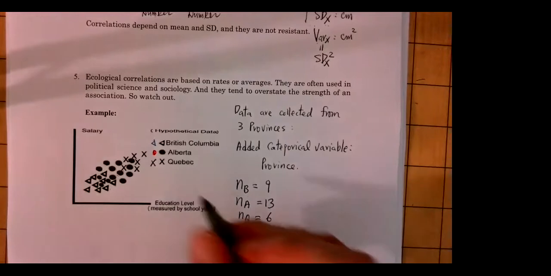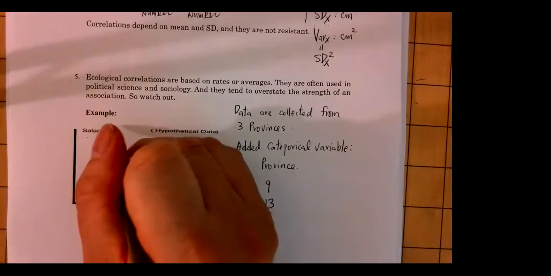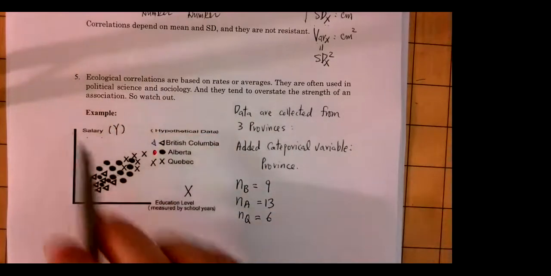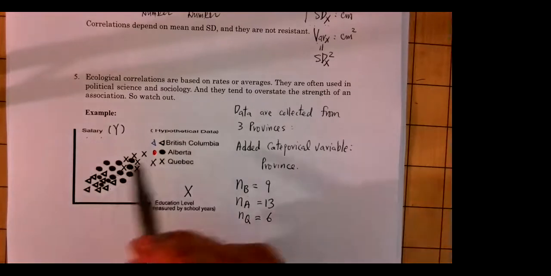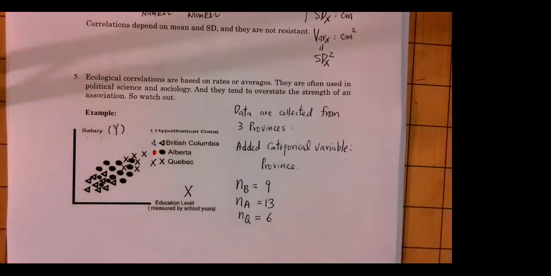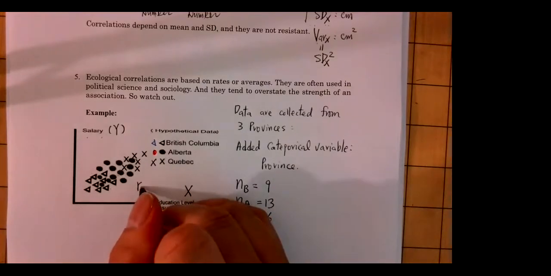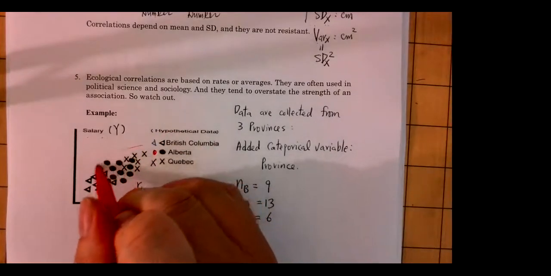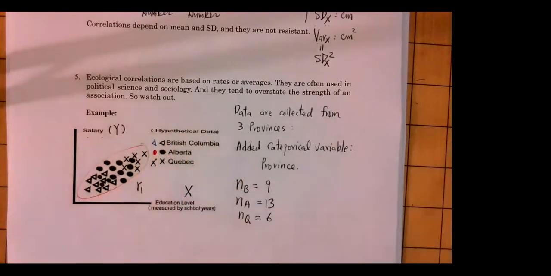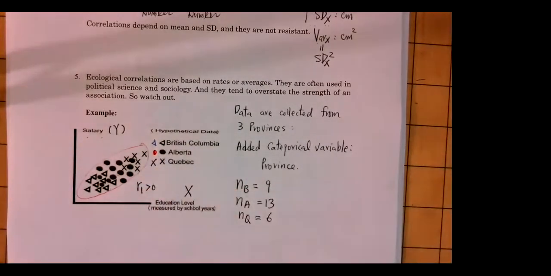And we want to study the relationship between education level and income, okay? Both are quantitative variables. And look at here. If we use the computer software and compute R, this is R1. And you can see this is football shape, okay? It's a linear association. So R1 is positive, okay?